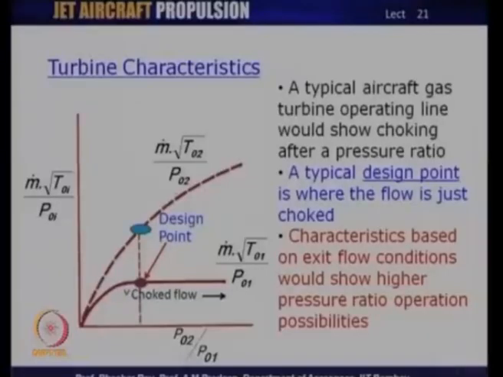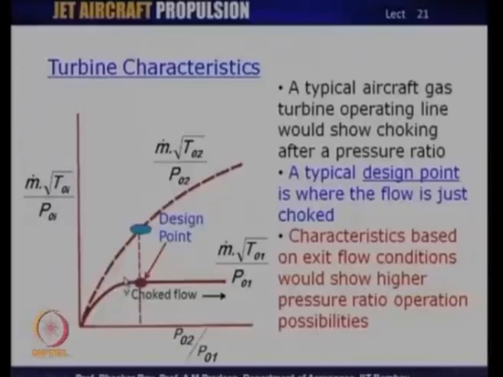Now, what happens is, if you show it with reference to, let us say, the entry point parameters of the turbine, the characteristic map would typically follow this red line, and at a certain point it will simply become a flat line, and that is because somewhere over here the flow actually goes choking.